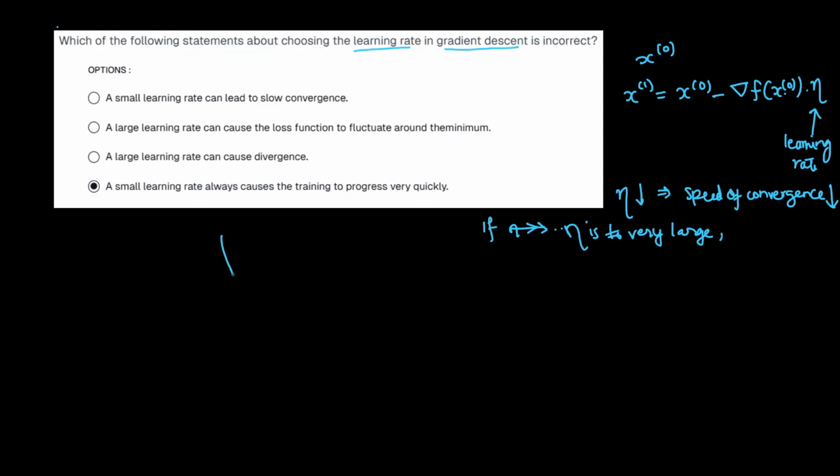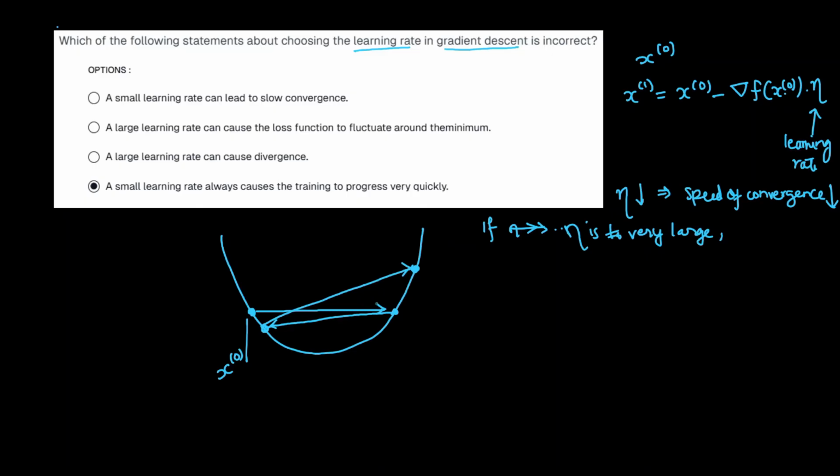Now if you think about a convex function, suppose you're starting here at some point, let me call this x0, and your learning rate is very high, then this might end up moving to this part, and then it can come here and then maybe go somewhere else, because the learning rate is very high.